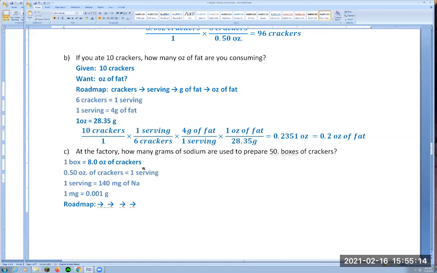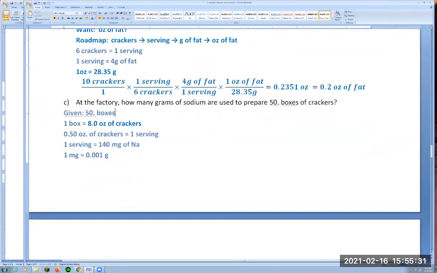So that means the roadmap will look like this. I should have started by saying that the given amount is 50 boxes of crackers. So we start with 50 boxes of crackers.